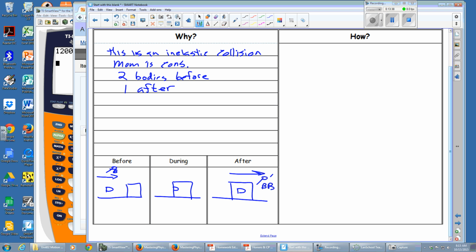And here, I would have a change in momentum that way and a change in momentum that way. This would be on the bullet, and this would be on the block. Maybe I should add a W for the block. And then I could put my forces in there, but they're not really needed. But that's what would get you, remember, that's 60% of your Y is doing that diagram down there. All right? Before, during, and after.